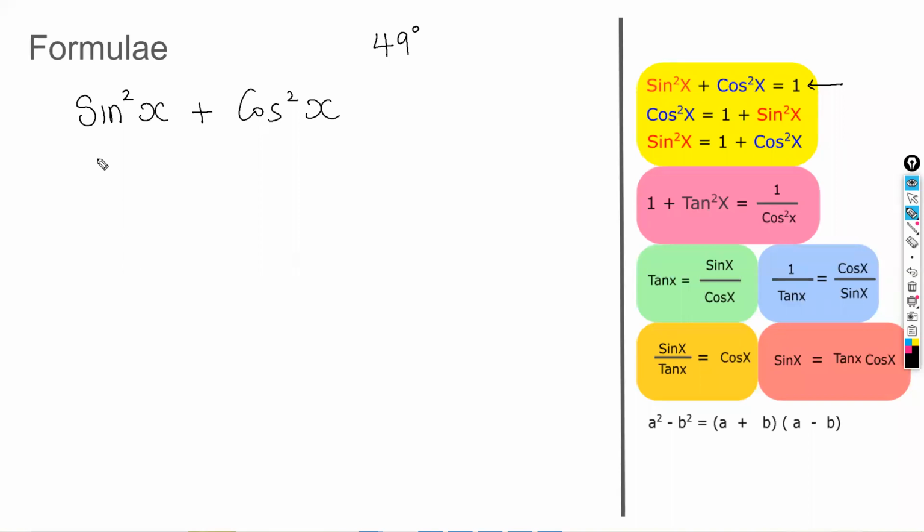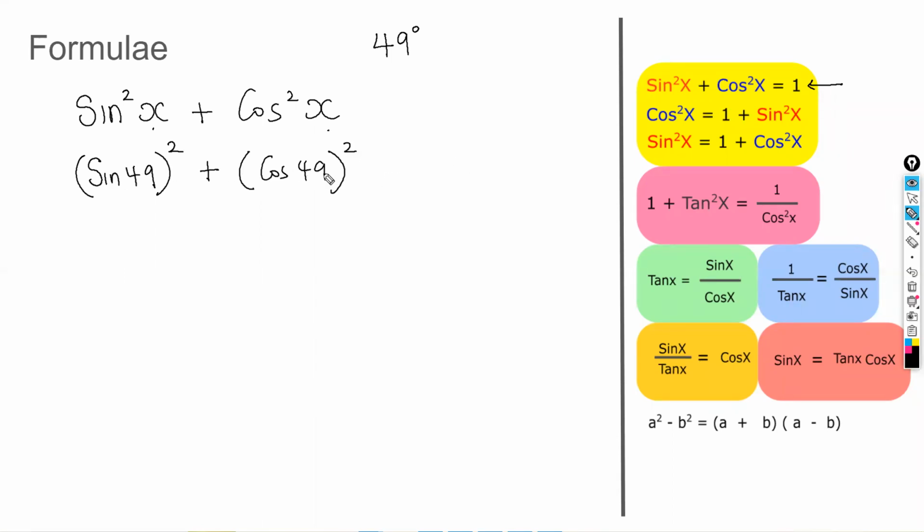So here's what I want you to do on your calculator, but you have to type it in straight on your calculator. Type in sine 49, open brackets, close brackets, and put the square. Do not press equal yet. Then press open brackets, cos 49, because we're pretending the angle x is 49. Close the brackets and square it.